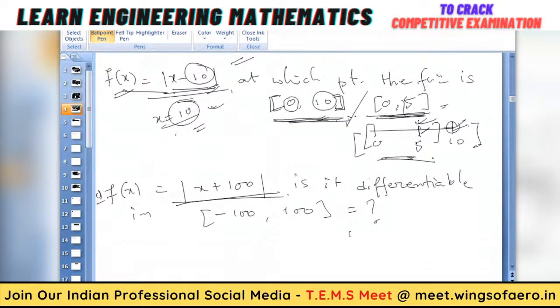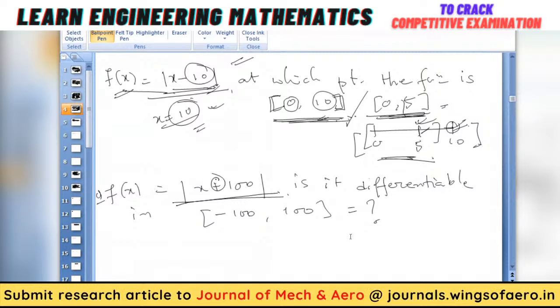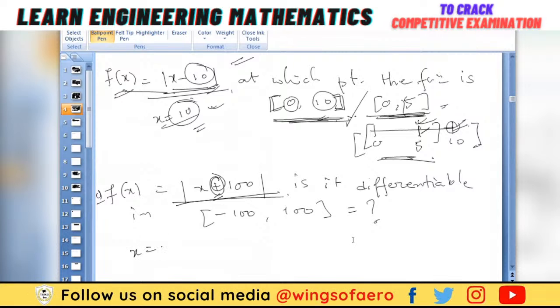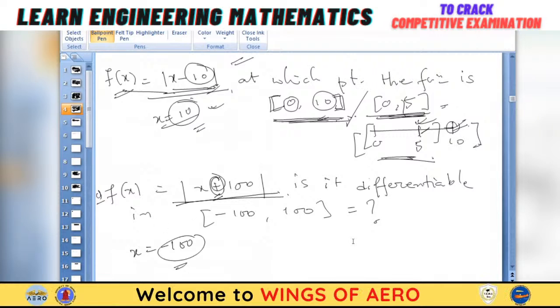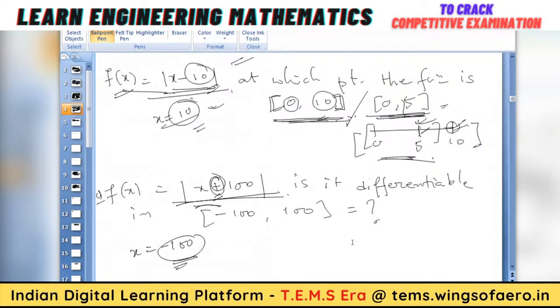So if it is minus sign, then the point is positive. But if it is plus sign, then the point will be negative. So x is equal to minus 100 is the point at which the function becomes not differentiable. Now we have to check whether this minus 100 point is included in this interval or not.